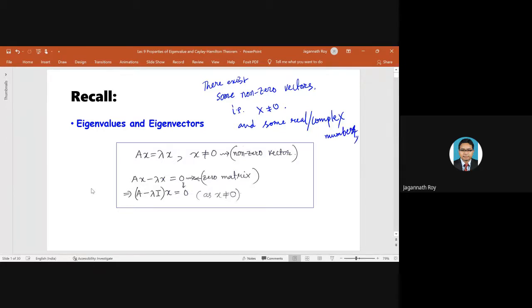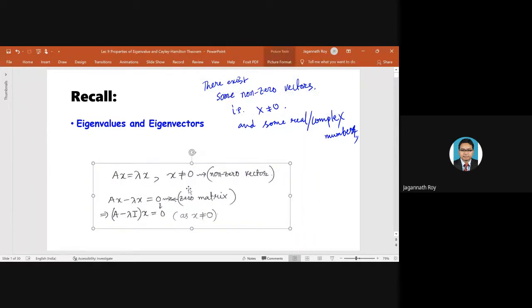Okay. For a given square matrix, we are not telling whether this matrix is invertible or not. We are just writing square matrix.